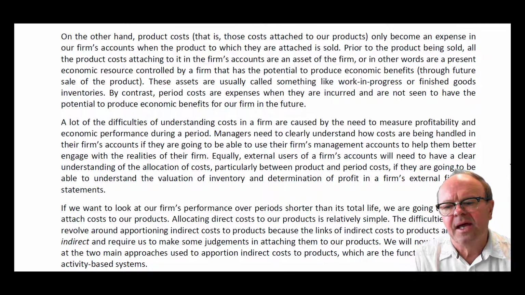On the other hand, product costs, that is, those costs attached to our products, only become an expense in our firm's accounts when the product to which they are attached is sold.